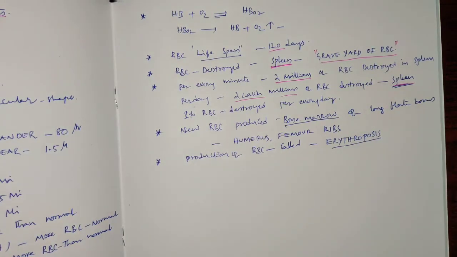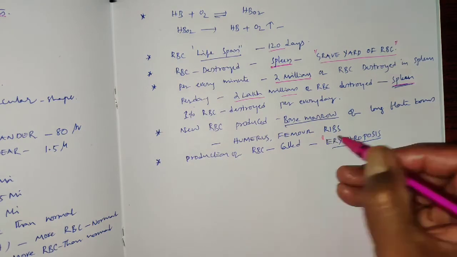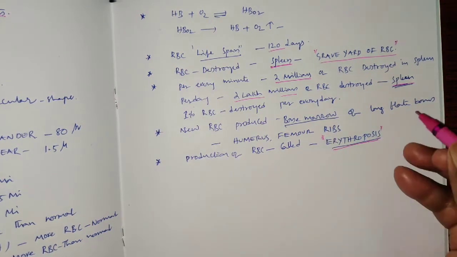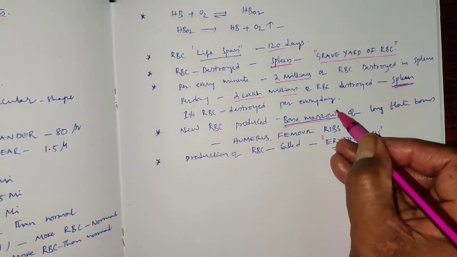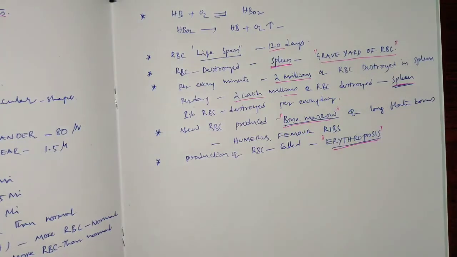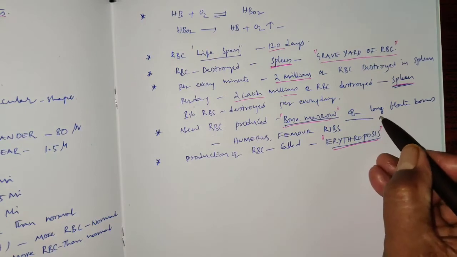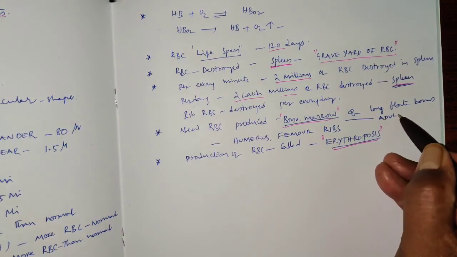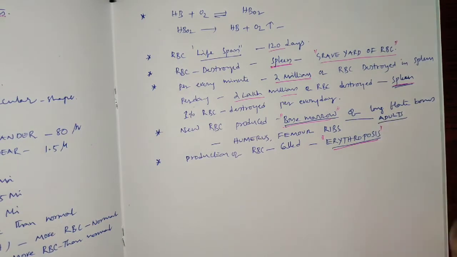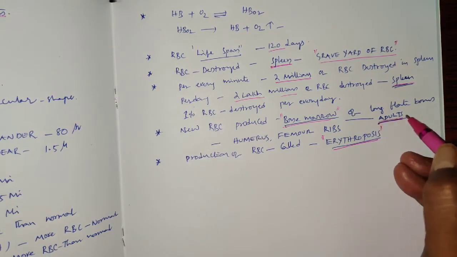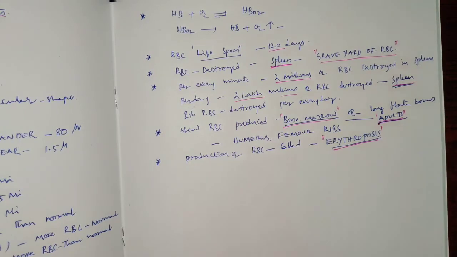Production of RBC is called erythropoiesis. They are produced from bone marrow in adults, but in embryonic stages, it is from the spleen.